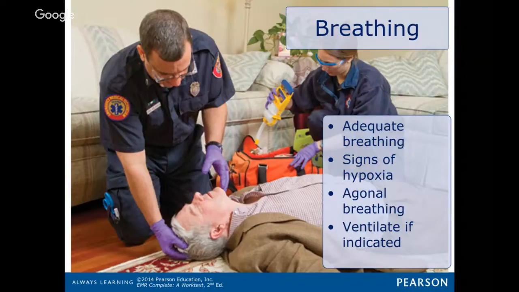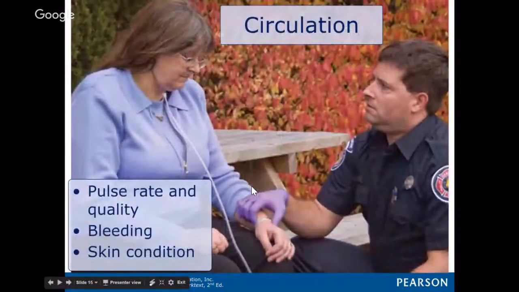You can start with a nasal cannula or non-rebreather mask. And you could work all the way up to a bag valve mask for that patient that is breathing shallow and rapid, or shallow and slow.